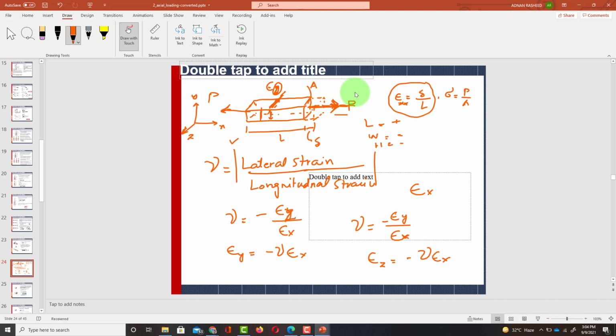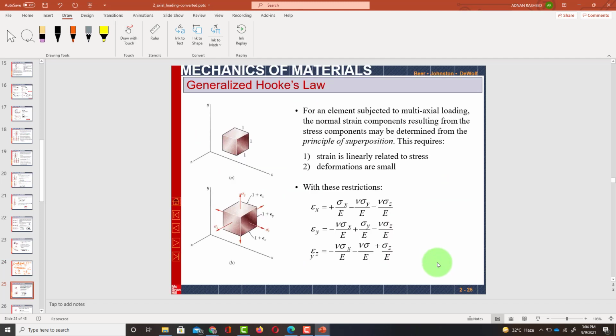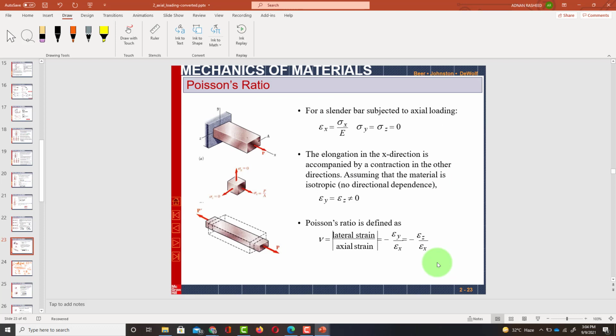So due to this force, load P, three kinds of strain are produced: one is strain in x direction, one in y direction, and one in z. One is positive, meaning it is going to elongate in this direction, and the other two are negative, meaning there is a contraction in y and z direction. How can you find the contraction? You can use this formula: epsilon y is equal to minus nu times epsilon x. Similarly, epsilon z is equal to minus nu times epsilon x. Clear? So we'll move upward again.